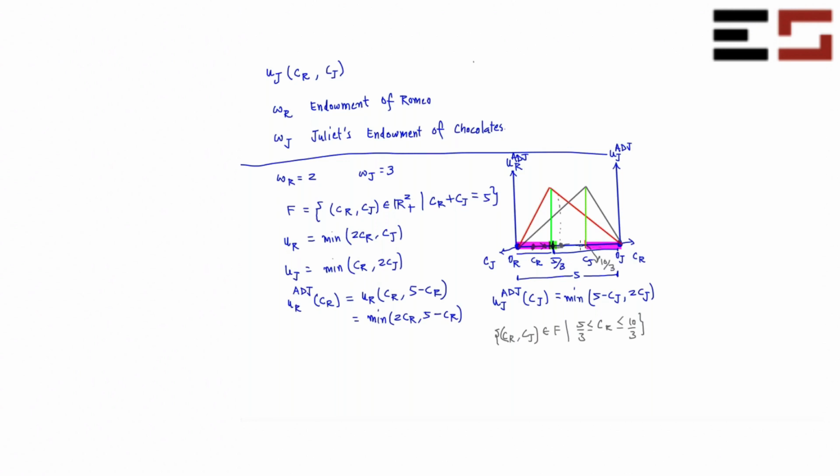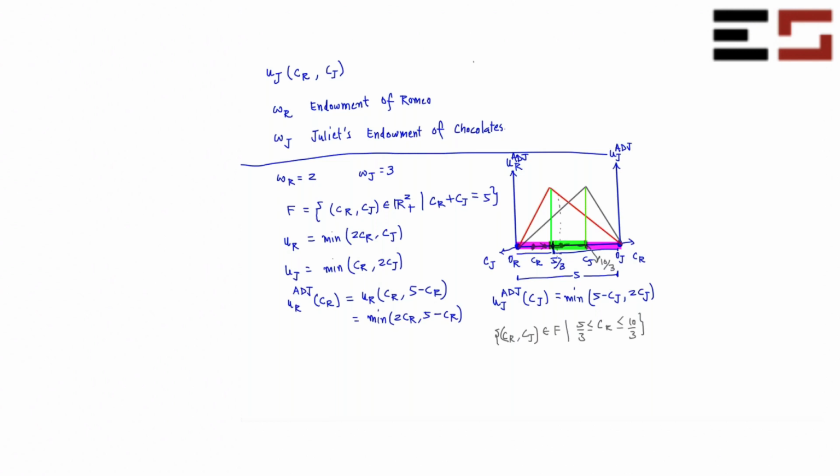And if you check in this range, that's where the romance happens. Once they are both consuming more than the threshold 5/3, Romeo would want Juliet to consume more, Juliet would want Romeo to consume more, and they'll just try to give chocolate to each other.